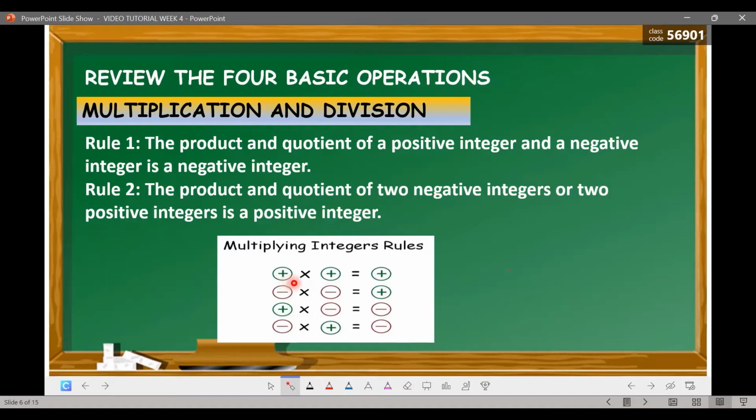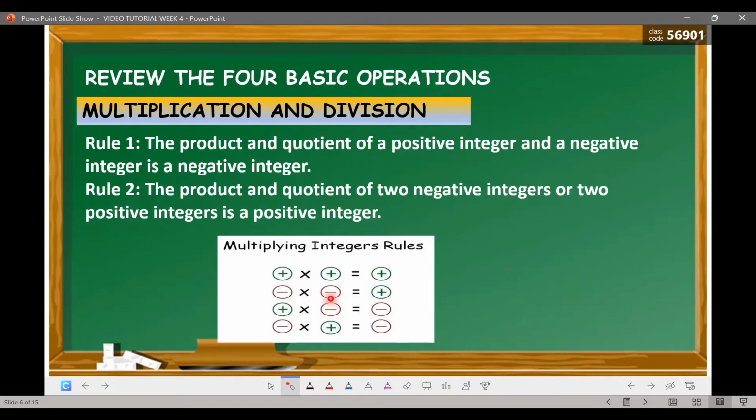Okay, so positive times positive, so that is positive. Negative times negative, positive. Okay, basta both signs are the same. So, if we're multiplying or dividing integers with the same sign, the answer is positive.